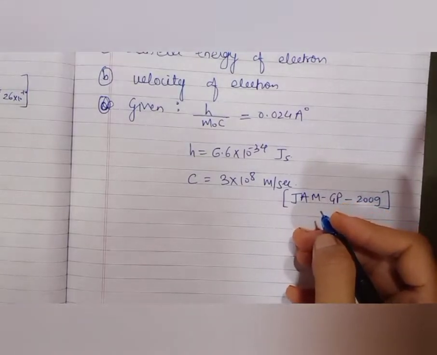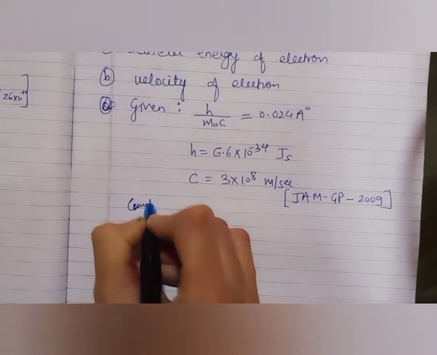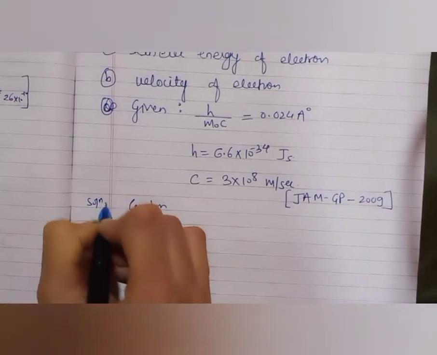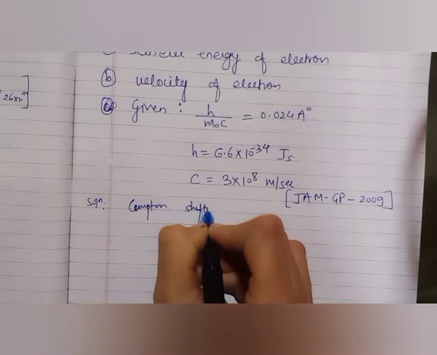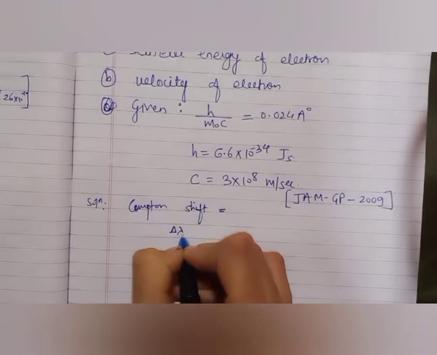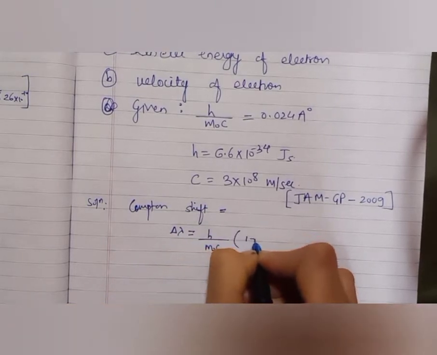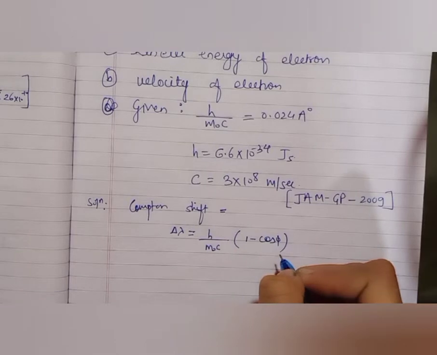So let's start. We know the formula for Compton shift is delta lambda equals h upon m0c into 1 minus cos phi.